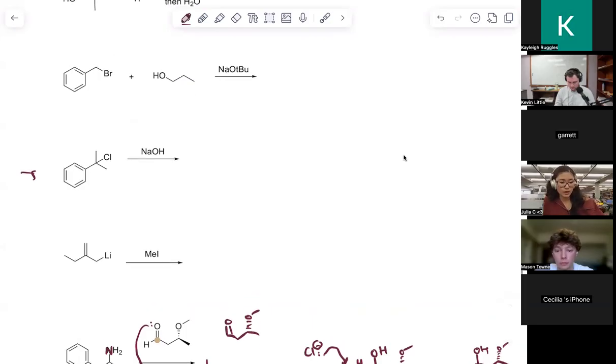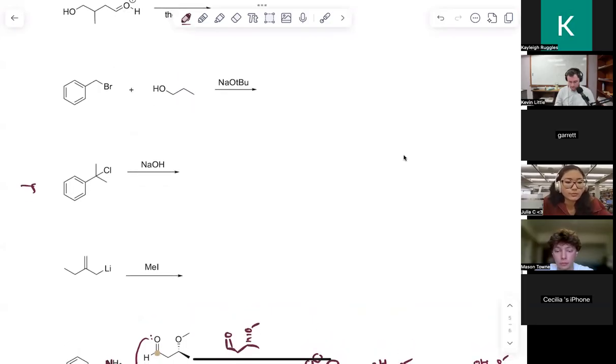We have sodium hydroxide, draw out the ionic. This is charged, so it's a 2. And then I've got a tertiary alkyl halide, so it has to be E2. This nucleophile cannot get into that carbon. So I have to do an elimination.